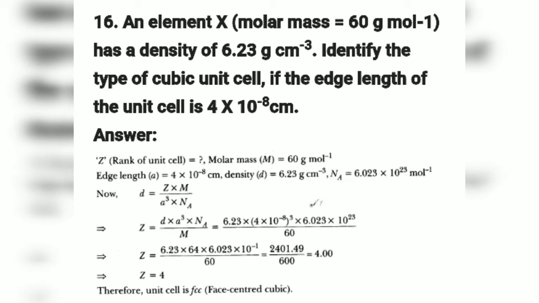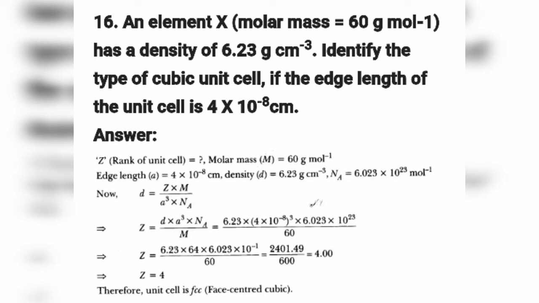Again, you have to find out Z, the number of constituent particles. If you get the constituent particles, dear student, you will get an idea which type of unit cell it is. I hope you are getting it. You have to follow the same method. Just write the same formula, D is equal to Z M divided by A cube Na. Density is already given to you.